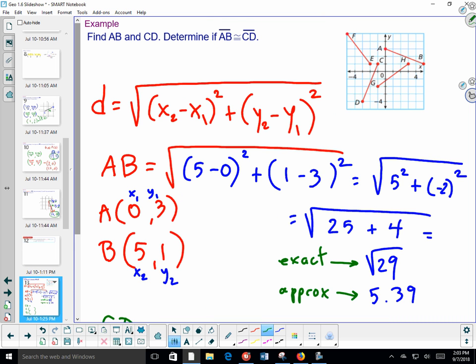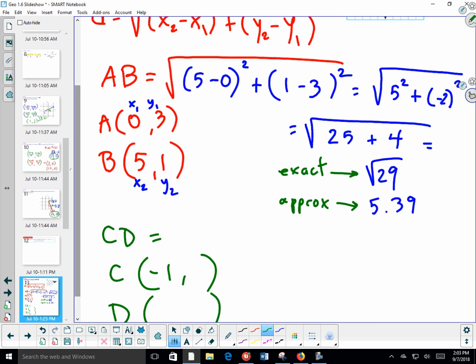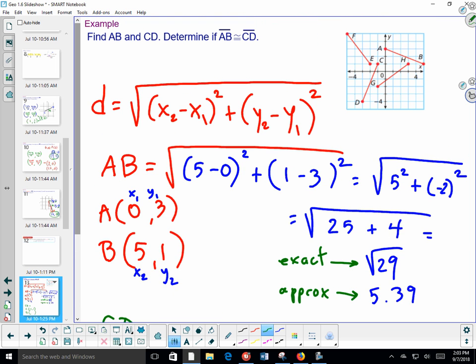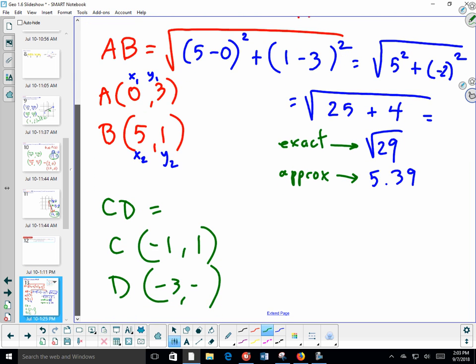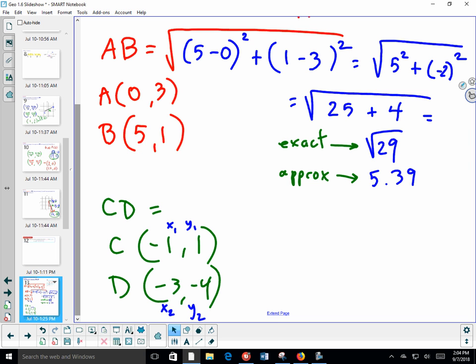Negative 1, 1 for C. And D is negative 3, negative 4. Do people agree with Rachel? All right, so again, we call this guy x1, y1, and this guy x2, y2.